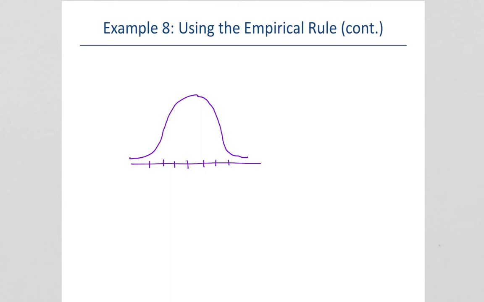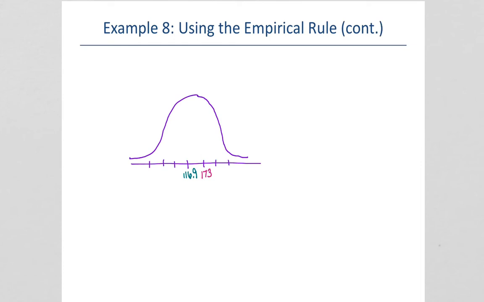Okay, so here's what we do. We'll put the mean in the middle, 116.9. Then each data value to the right will be 56.1 minutes greater. So 116.9 plus 56.1 is 173.